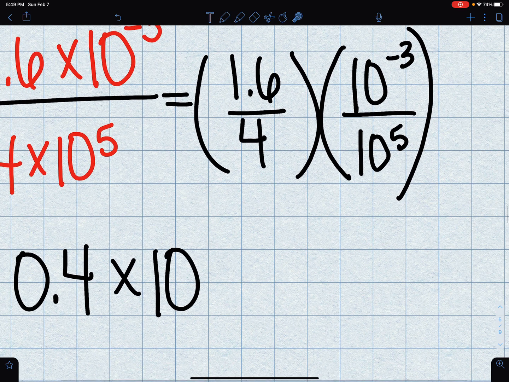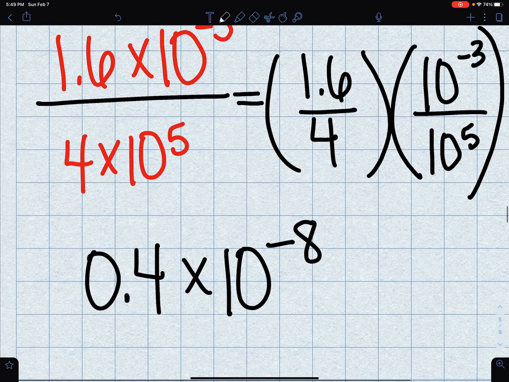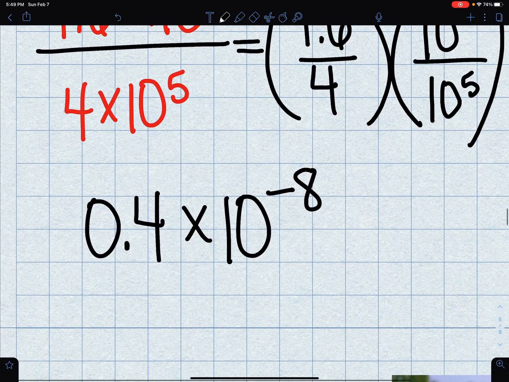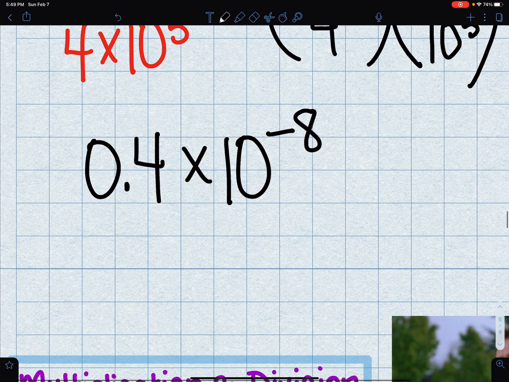So when we divide, we have a -3 and a 5 here. -3 minus 5 puts you at -8 on the number line. So it's 0.4 times 10 to the -8, but that's not written in scientific notation.